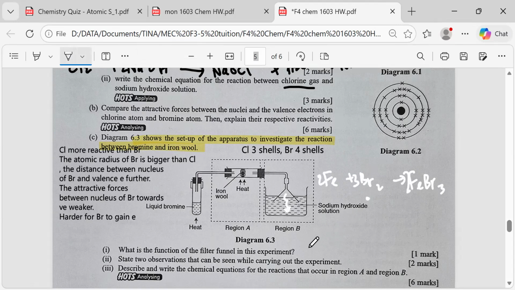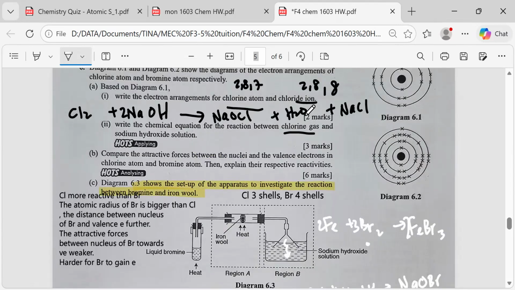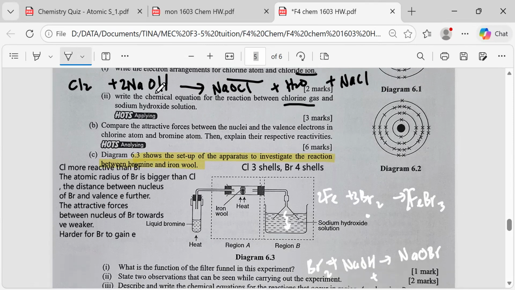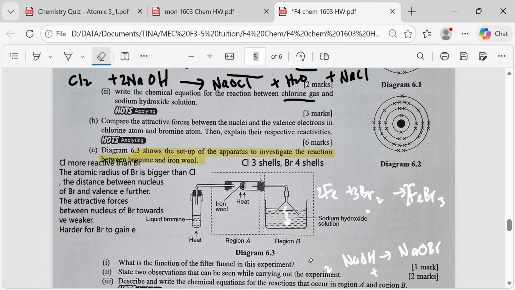Yes. Just now we wrote Br2 plus NaOH. It will dissolve to become neutral: NaOBr plus H2O plus NaBr. Same concept. Do you understand? That's why we have the sodium hydroxide.